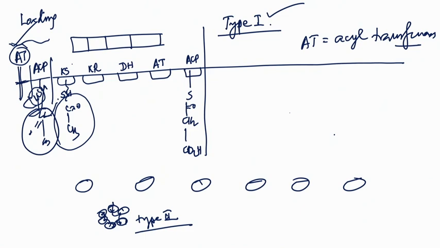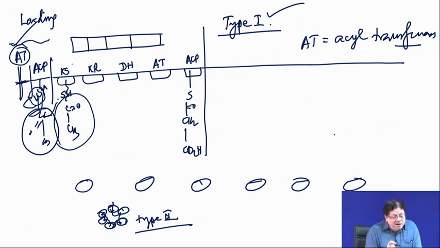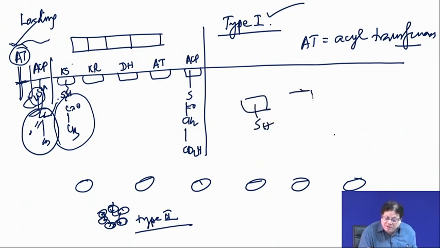So, what happens? There is a loading module. The AT transfers the acetyl group to the ACP. ACP also belongs to the loading module. Now, the ACP transfers the acetyl group to the ketosynthase. So, basically it is a two-step process. Directly it does not go to the ketosynthase. It was first given to the ACP, ACP shows it to the ketosynthase. Remember, ACP has SH and ketosynthase has SH.